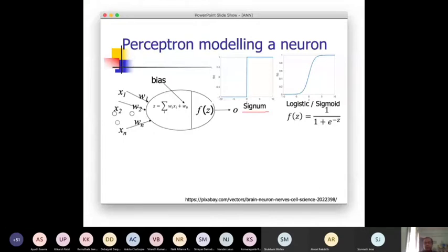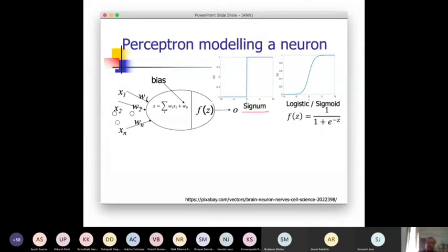Similarly, if z tends to minus infinity, then it will reach 0. But it varies continuously. That is the advantage of this function. We also call this function logistic, and we discussed that this is the inverse of the logit function. There is another interpretation by which you can compute the posterior of a class. We discussed these things earlier.